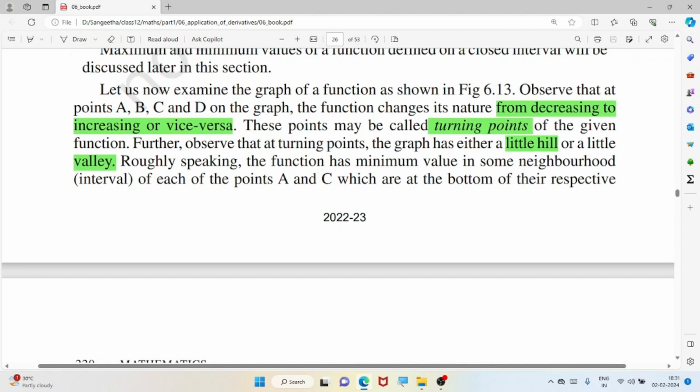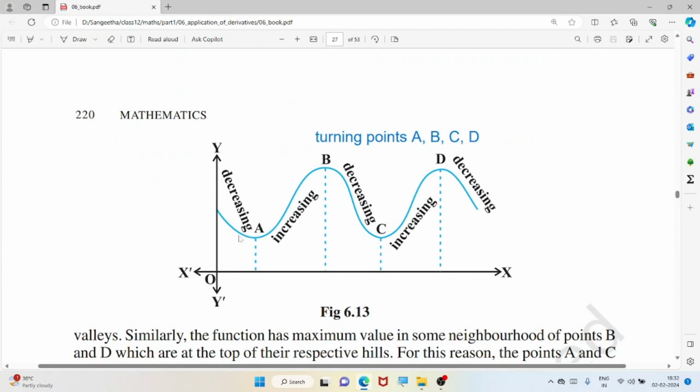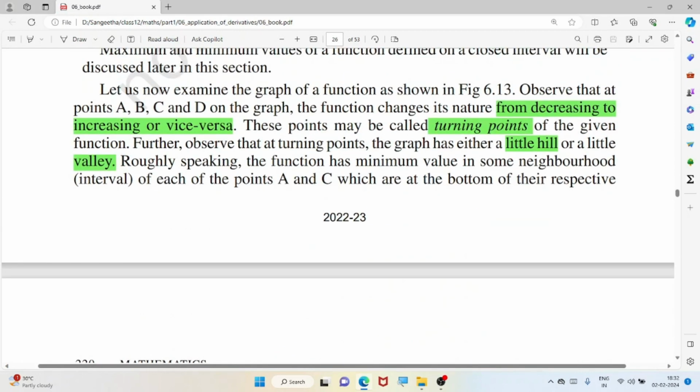These are the turning points from decreasing to increasing or vice versa. These points are called turning points. See, these are here from decreasing to increasing. This is a turning point. From here increasing to decreasing, this is the turning point. Hill, valley. Turning points are A, B, C, D. This is called a hill and this is a valley.